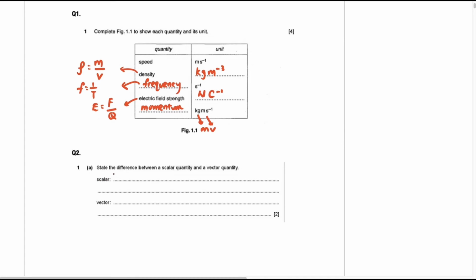Question 2. State the difference between a scalar quantity and a vector quantity. So this is kind of simple.